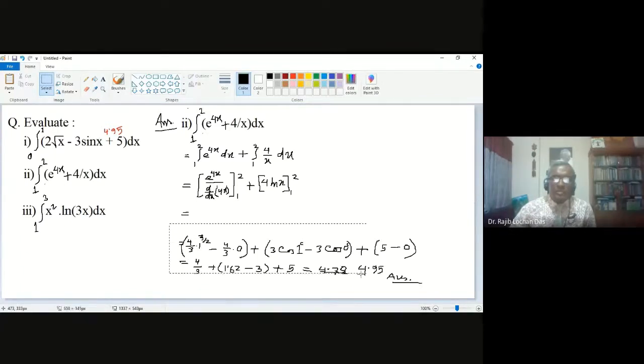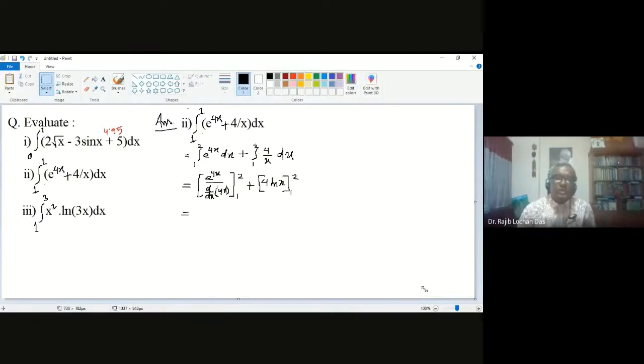That means e to the power 4x by 4, and you put 2 first. So you can write e to the power 8, because if you put 2, it will be e to the power 4 into 2, so 8, divided by 4, and then minus, put 1, so e to the power 4 divided by 4.